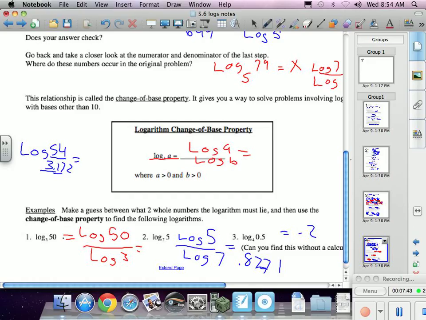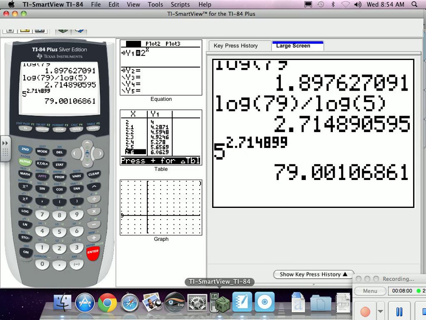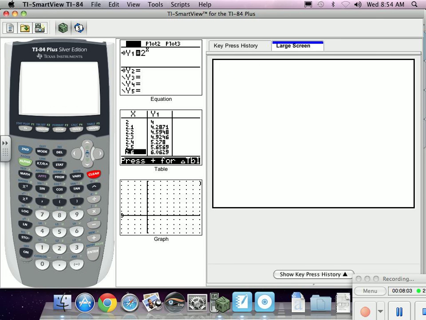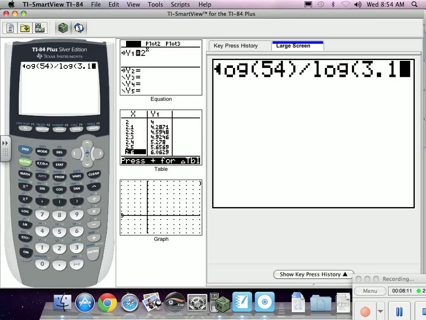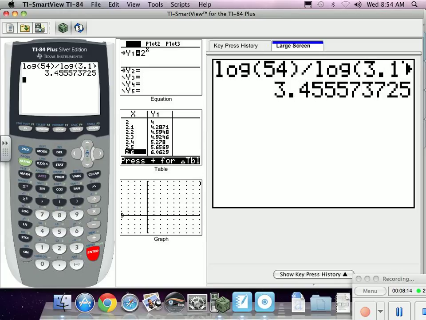Then what I'm going to do in my calculator is say log of the argument divided by log of the base is going to give me my answer. And so then I just plug it in, just like it looks: log of 54 divided by log of 3.172. And if I raise 3.172 to the third and a little bit, then it will be equivalent to 54.